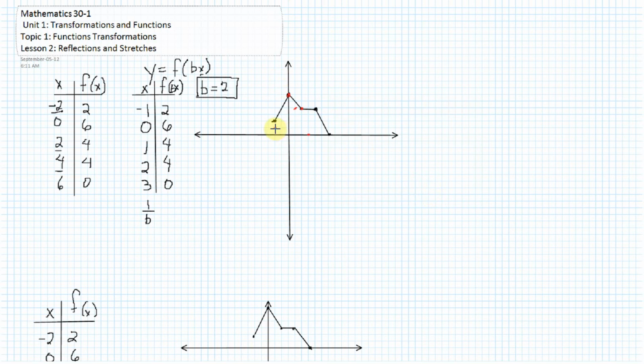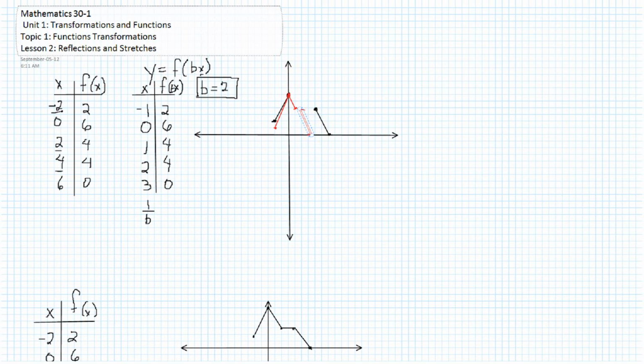Connect these points so we can see what our stretched graph looks like, and just see if I can produce a straighter line here. I didn't get it quite straight, but like so.